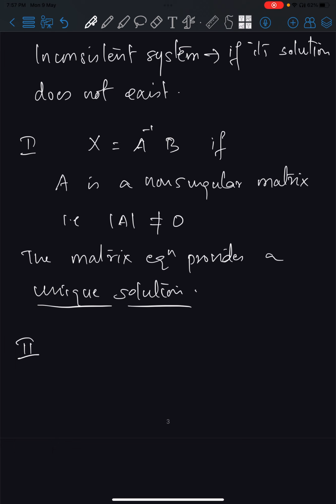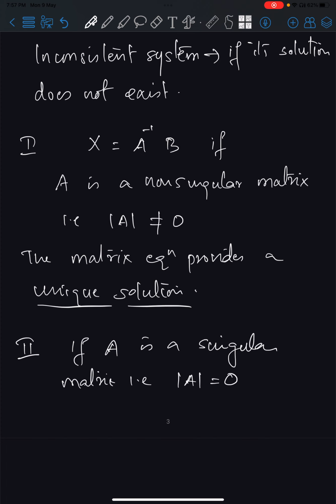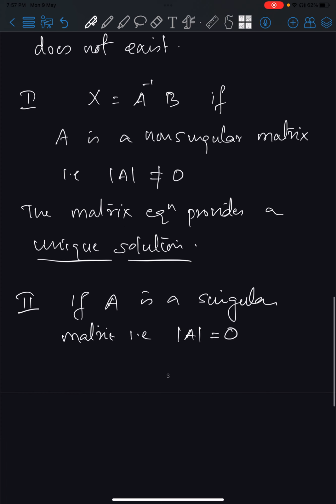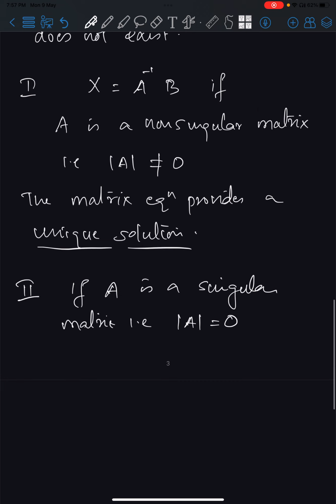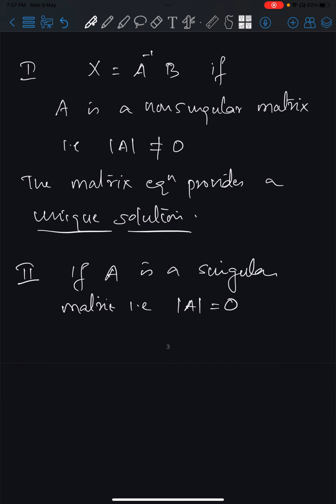Now suppose, next thing is, if A is a singular matrix, it means your determinant A will be 0. So when the determinant A is 0, we don't know whether it is consistent or inconsistent. So in that case, we have to do another check.